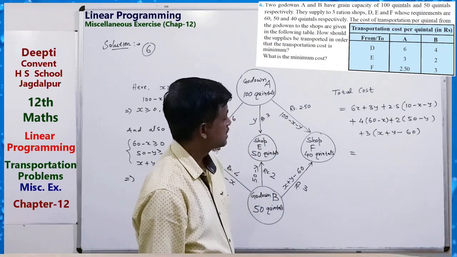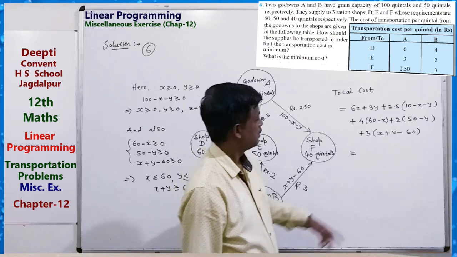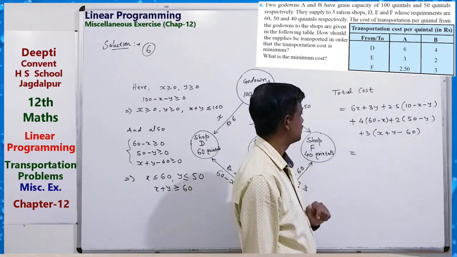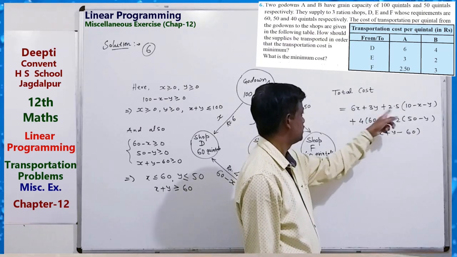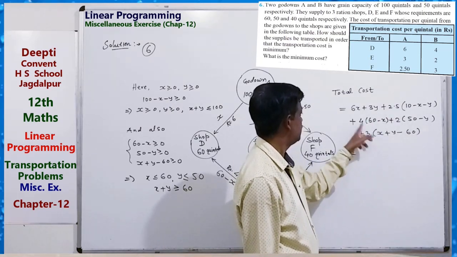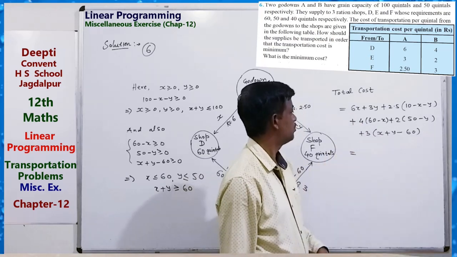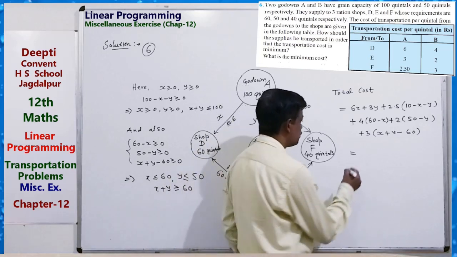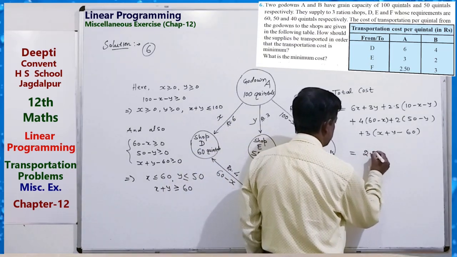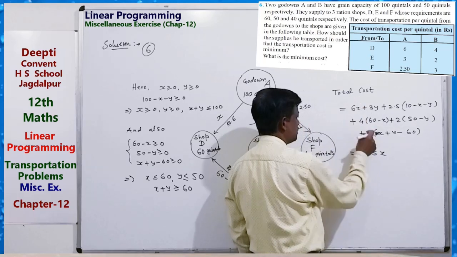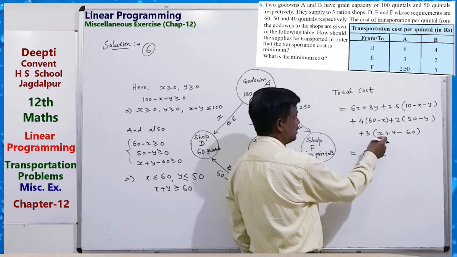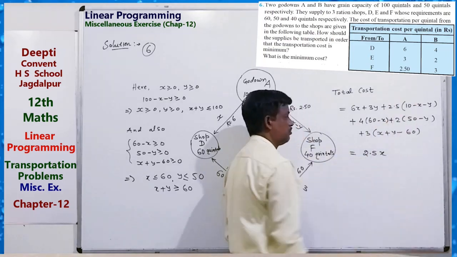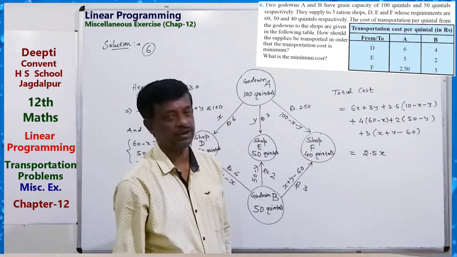For X: 6X minus 2.5X minus 4X plus 3X, that is 6 and 3, 9X, 9 minus 4 minus 2.5, so 2.5X finally.